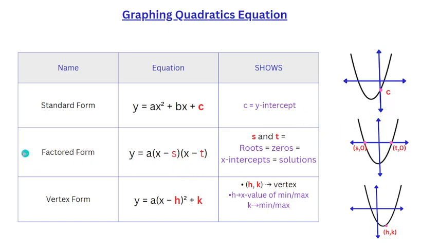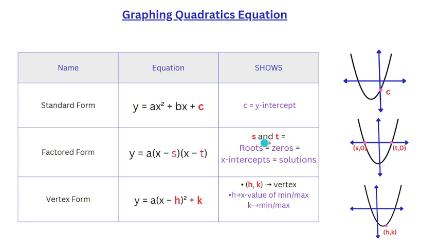The second equation is factored form. Its equation is y equal a times quantity x minus s, quantity x minus t. We can use this form to get a lot of things.